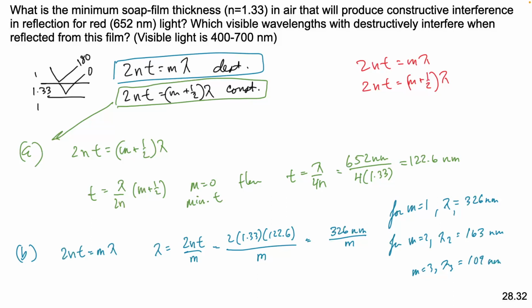Reds for reds, blues for blues, greens for greens. We're not seeing it normal to the surface, we're seeing it at angles, which throws in an additional complication you don't need to worry about.